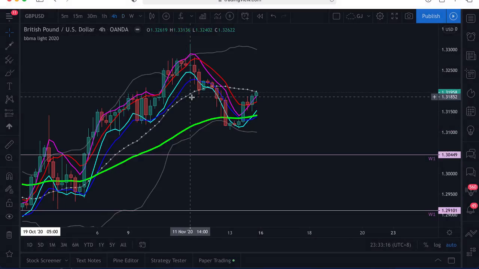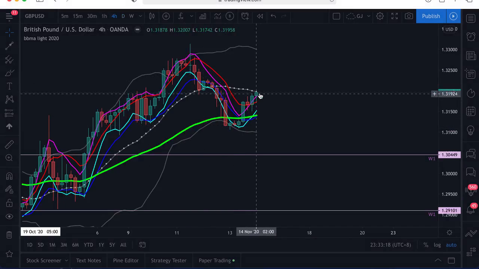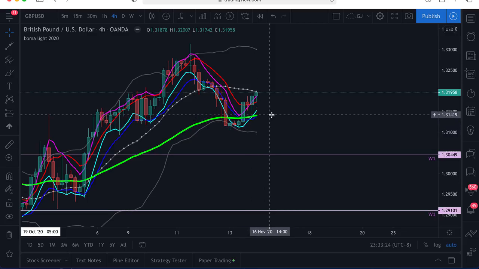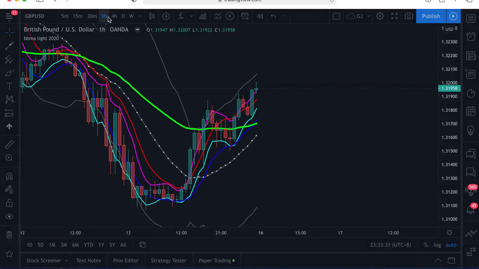On H4, price making a CSM and now is a re-entry sell. However, we are very cautious because as you can see here, the EMA 50 is below and the price is above it. So it's not necessarily a very good setup.